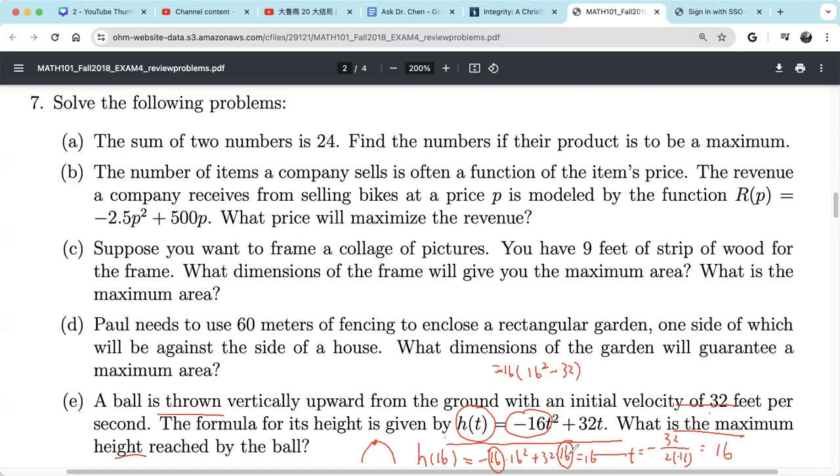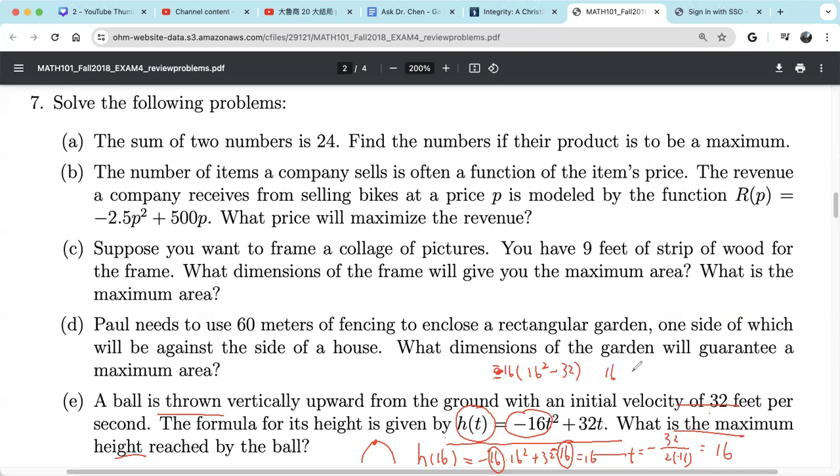So 16 is a common factor. Factor out negative 16, then we don't have to deal with the negative sign later. Negative 16 factored out, 16 squared left for the first term, and the 32, negative 32, because negative times negative will be positive.